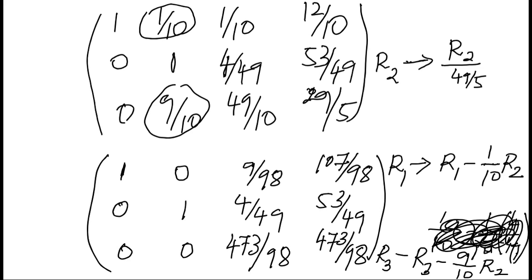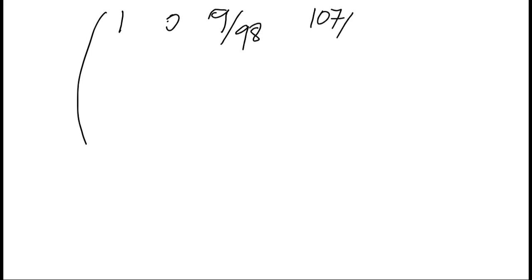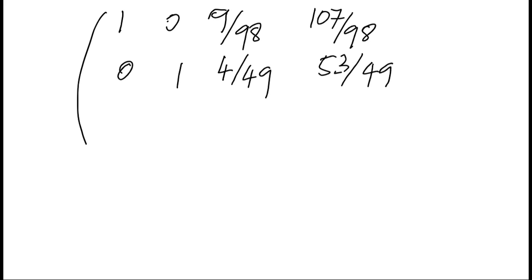Next, our aim is to make this element 1. So I am writing the first two rows as they are, that is 1, 0, 9 by 98, 107 by 98, 0, 1, 4 by 49, 53 by 49.